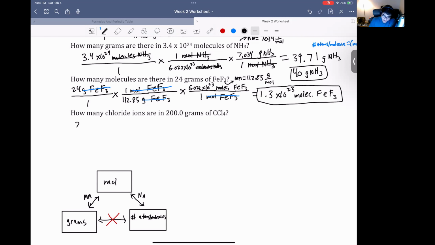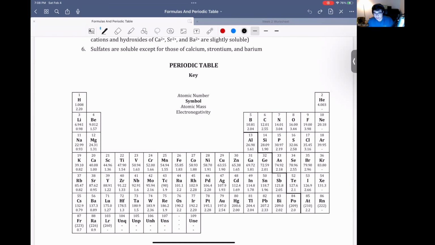So we start with 200.0 grams of carbon tetrachloride. This is over 1. We're going to use molar mass to relate these. So carbon has a mass of 12.01. Chlorine has a mass of 35.45, and there's 4 of them.